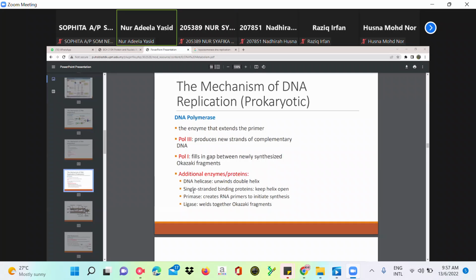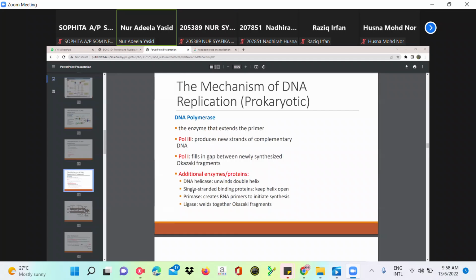Bila dia dah jadi single-stranded, if there is no single-stranded binding protein, it tends to re-anneal. We don't want that to happen because we need the DNA helix to stay open for the replication process to occur.